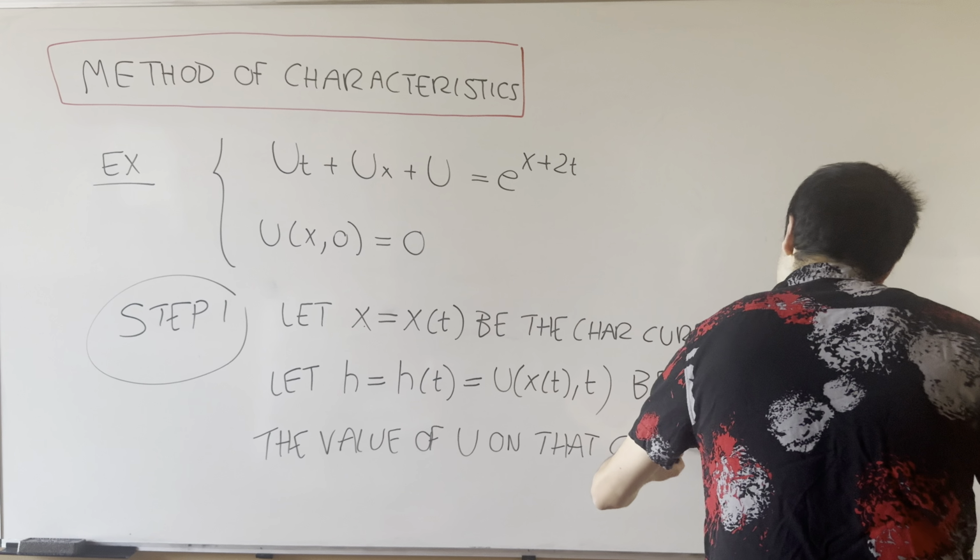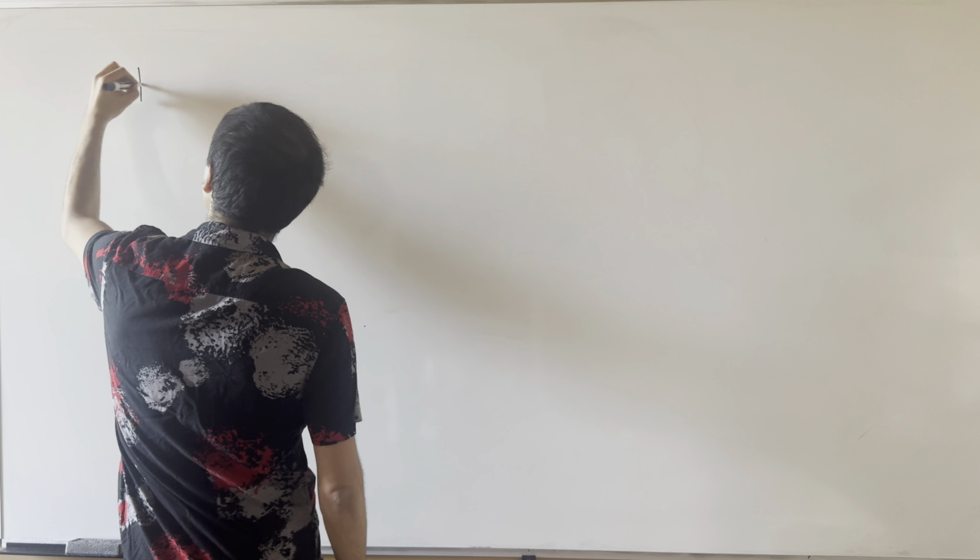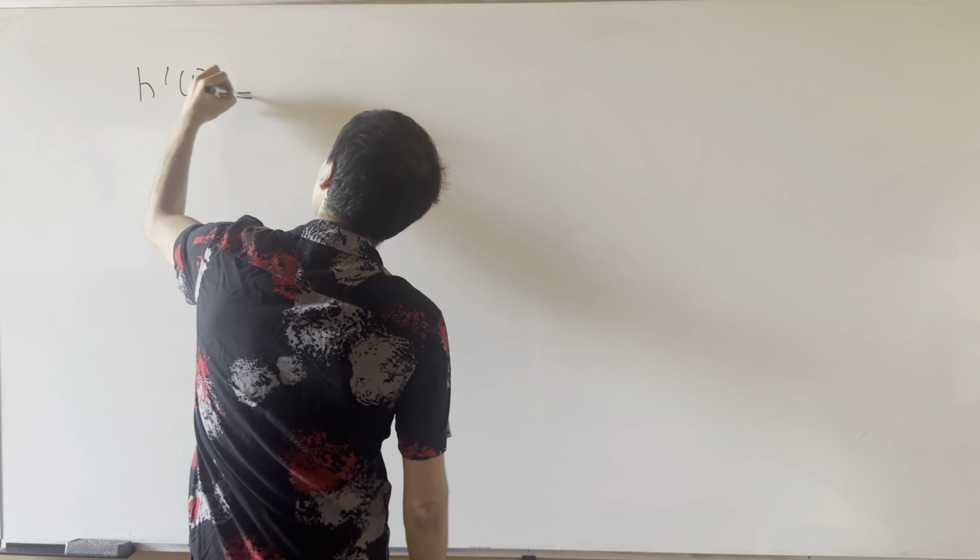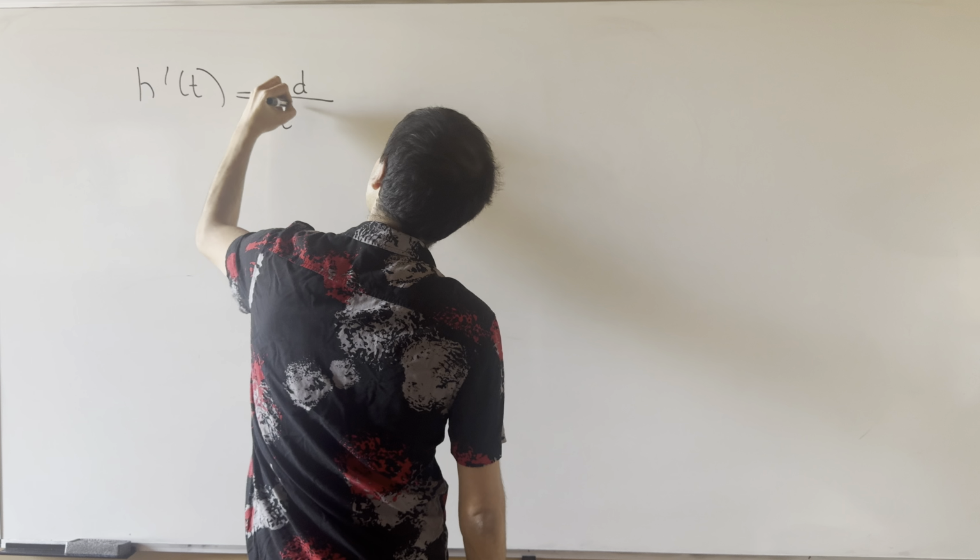Remember, for our next step, we want to calculate the derivative of h with respect to t. So h'(t) is d/dt of the value of u on the curve, u(x(t), t).